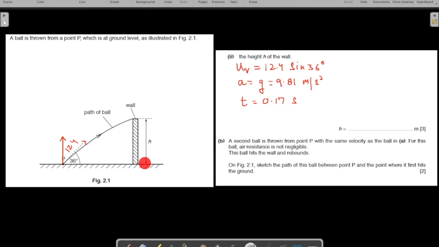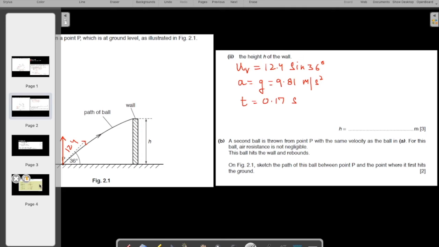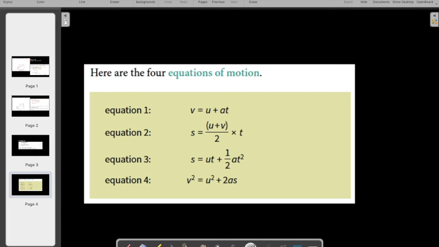Shall we look at the list of the equations of motion? The first formula doesn't make sense because we have to find S, and the first formula does not have S anywhere. Second formula, do you know the final velocity? No, you do not, doesn't make sense.